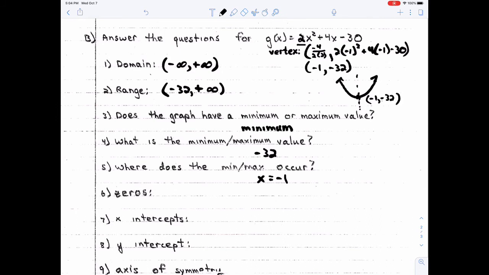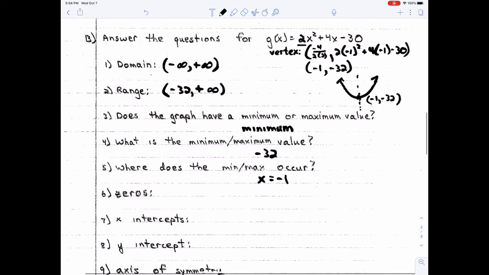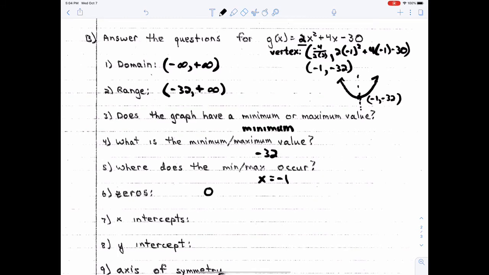The zeros, now, how do I find zeros? I can't pick them off the graph because I didn't graph it. Doesn't matter. How did we find zeros a couple days ago? The value of x when y equals 0. So you set 0 in for y, and then you factor it. Now, when you factor this, we can take out a 2. Again, that'll make our lives easier. So that's x squared plus 2x minus 15.